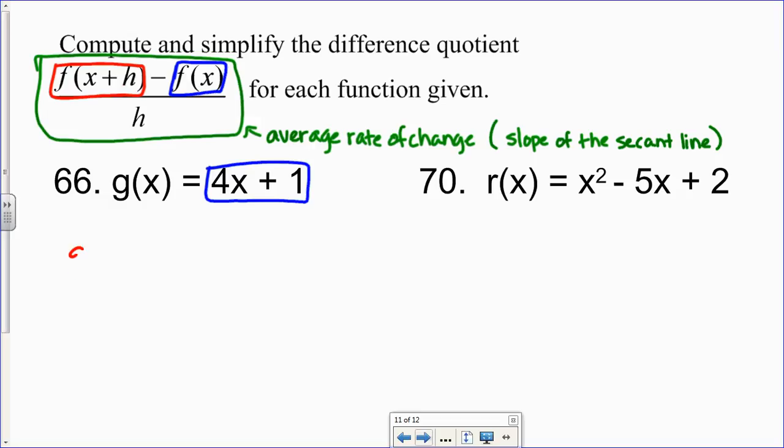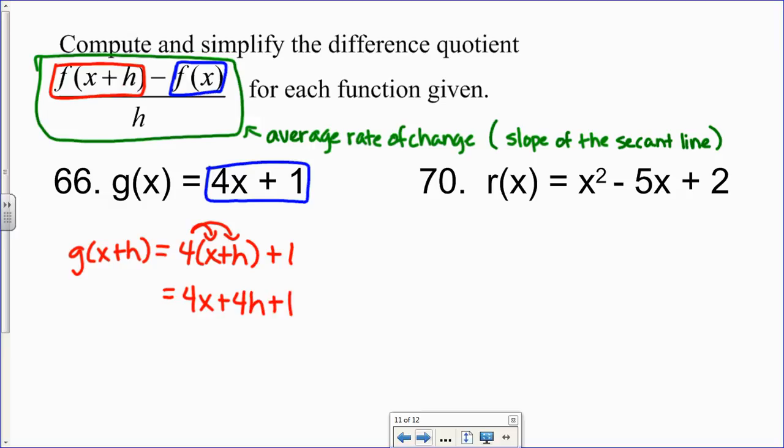Let me go ahead and do the g of x plus h. So I'm plugging x plus h into my function. So that's 4x plus 4h plus 1. No like terms, so I'm done here. Okay, so this is what goes into the red box.